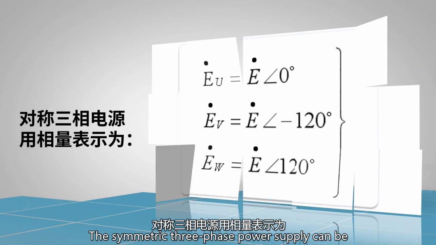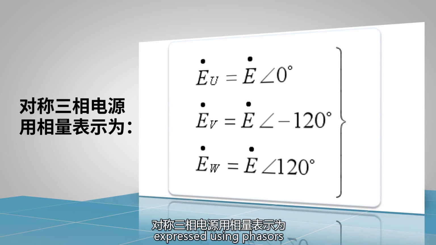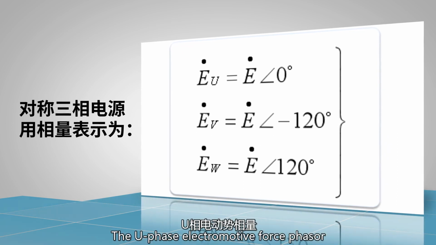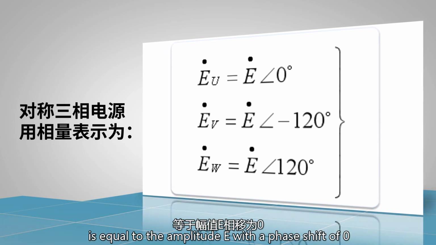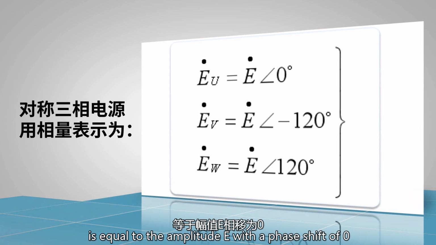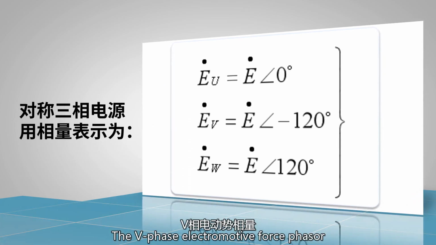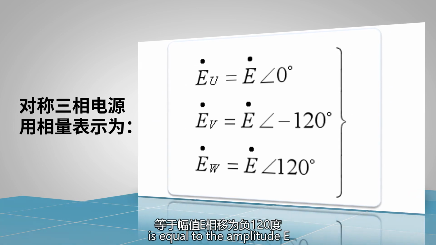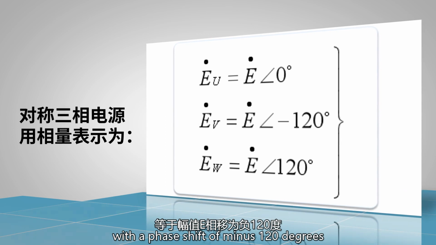The symmetric three-phase power supply can be expressed using phasors. The U-phase electromotive force phasor is equal to the amplitude E with a phase shift of 0. The V-phase electromotive force phasor is equal to the amplitude E with a phase shift of minus 120 degrees.